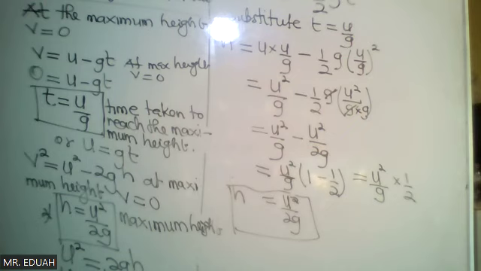A rocket is fired vertically upwards and reaches the height of 400 meters.